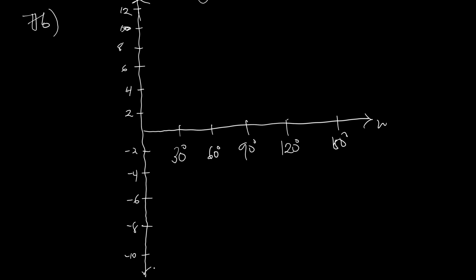We use 2 centimeters to 30 degrees, so we have 30 degrees, 60 degrees, and 150. And 2 centimeters to 2 units on the y-axis, so we have 2, 4, up to minus 10 on the y-axis.